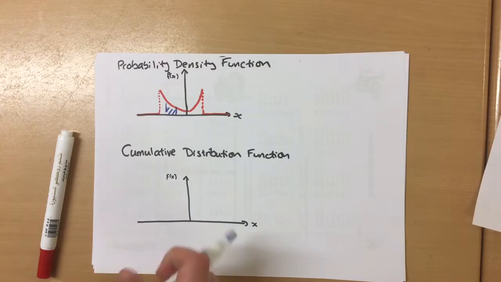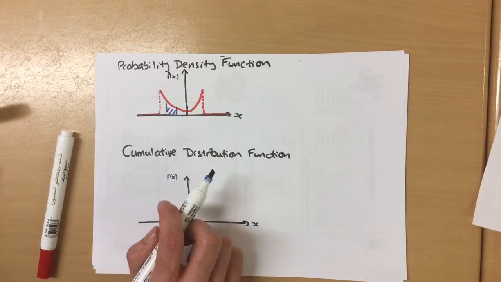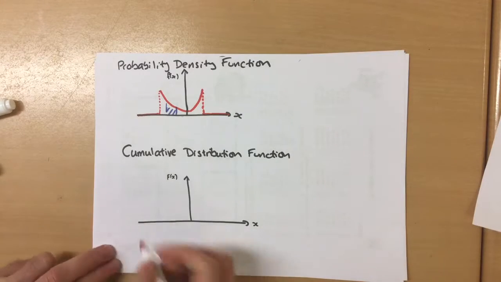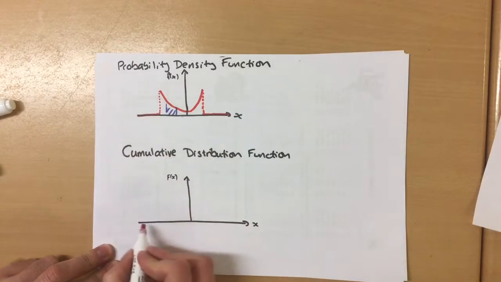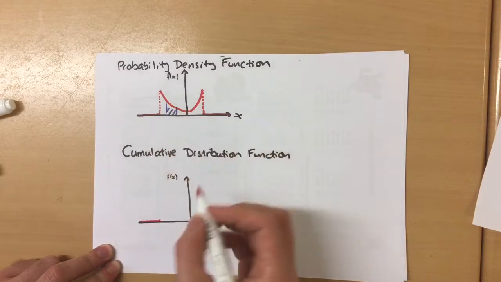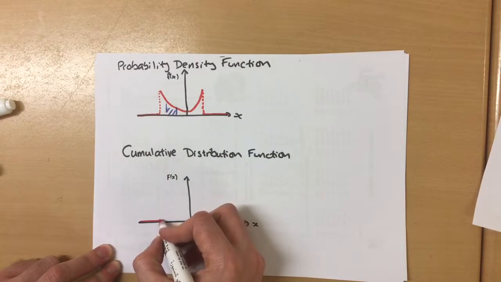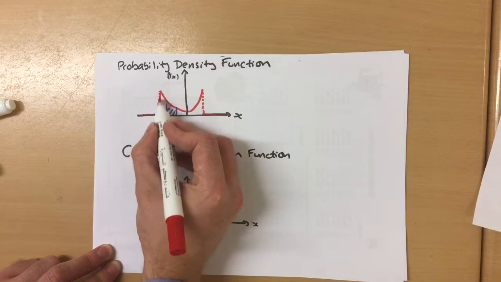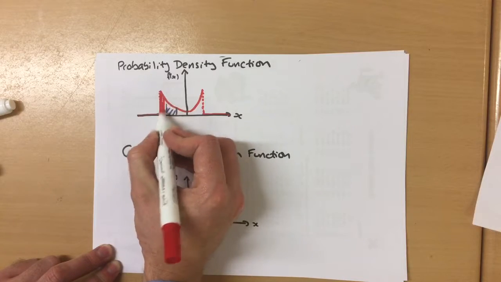Now, we're going to look at the cumulative distribution function. So, for this one, up to this point here, there's no probability. And what's going to happen is you're adding up all the individual bits of probability as you go along.